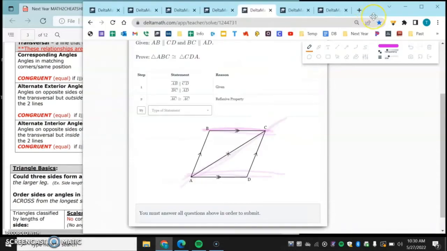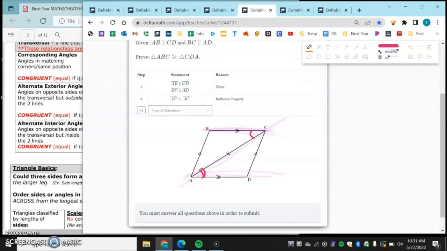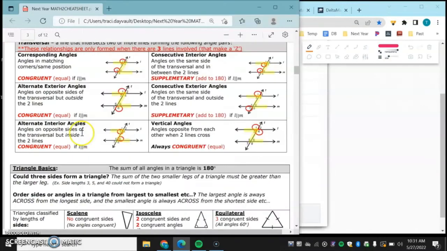And which of these angle pairs would help us with these two triangles specifically? The two angles that are in these two triangles in that purplish Z that I drew would be this angle right here and this angle right here. Those are going to be alternate interior angles.